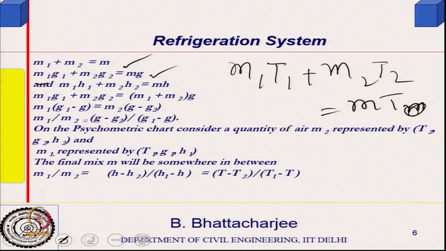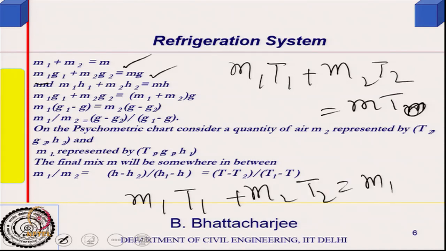For example, I said this is the relationship. So, m1 T1 plus m2 T2 is equal to m1 T plus m2 T, right. T is the final temperature of the mixture.